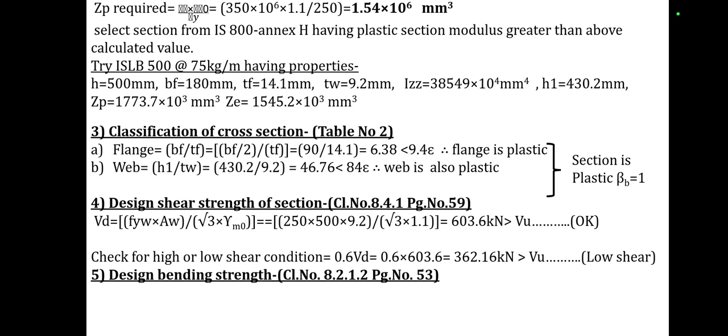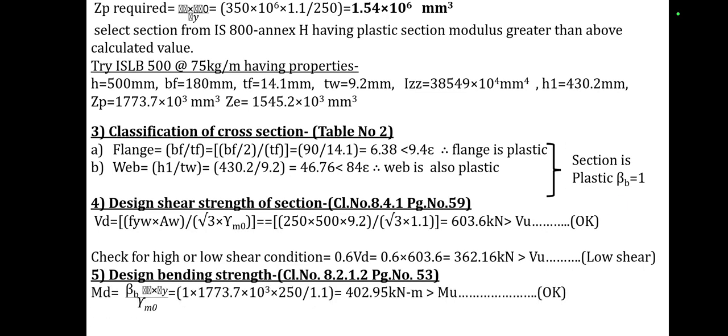Then depending upon this case of low shear and high shear, we have to design the bending strength of the section, and it is calculated from clause number 8.2.1.2, page number 53. So here Md is equal to beta b into Zp into fy upon gamma m0. We substitute the value of beta b as 1, as our section is plastic. Then we substitute Zp of the section.